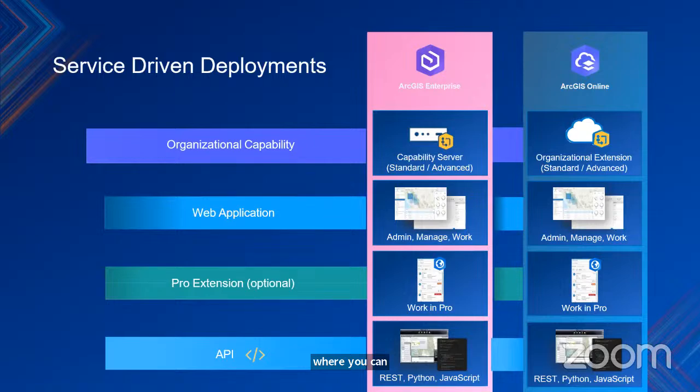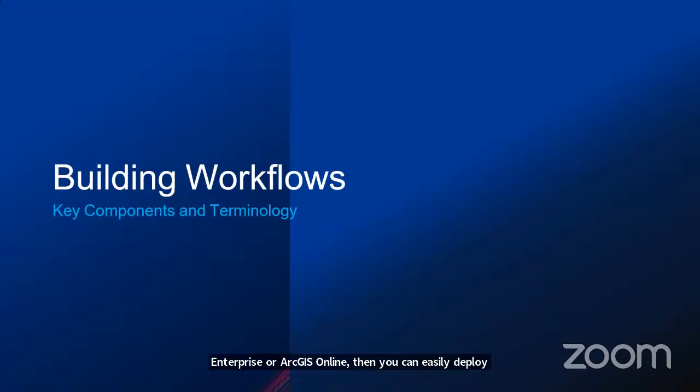And you can have a scenario where you're working in ArcGIS Pro, so that is in the desktop scenario. And we also talked about Python or JavaScript or REST APIs, which can be consumed as well, and we will build up and hopefully we get there. But remember, if you have the licenses for ArcGIS Enterprise or ArcGIS Online, then you can easily deploy the ArcGIS Workflow Manager.